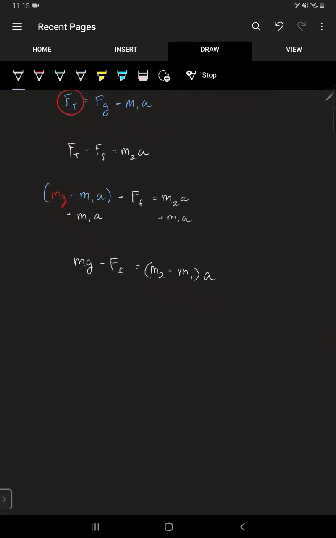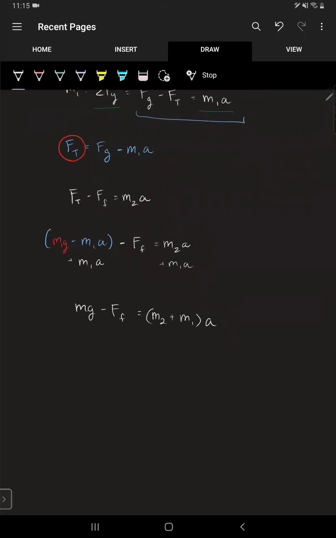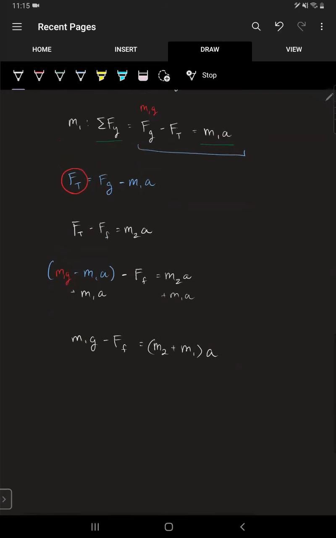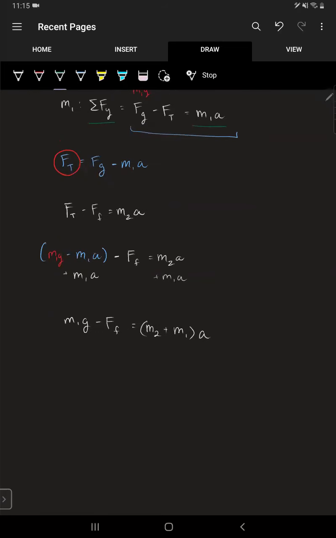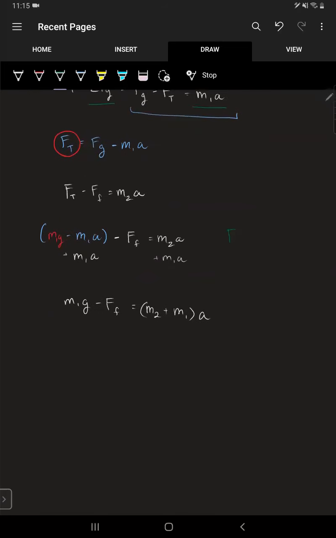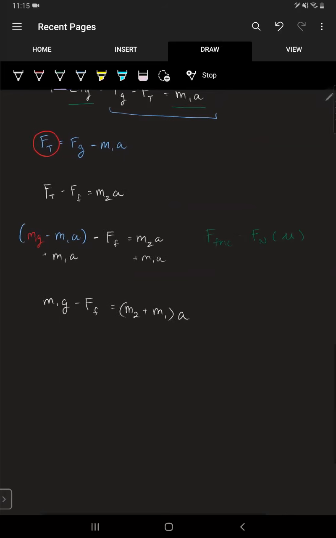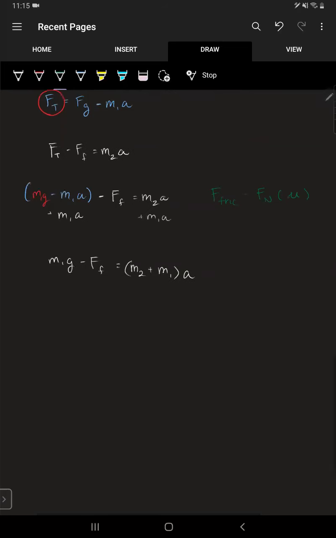We want to know the force of friction. What is the force of friction? Wait, I have to specify this as M1. There you go. What is the force of friction? We know that the force of friction is equal to the normal force times mu, the coefficient of static or kinetic friction.